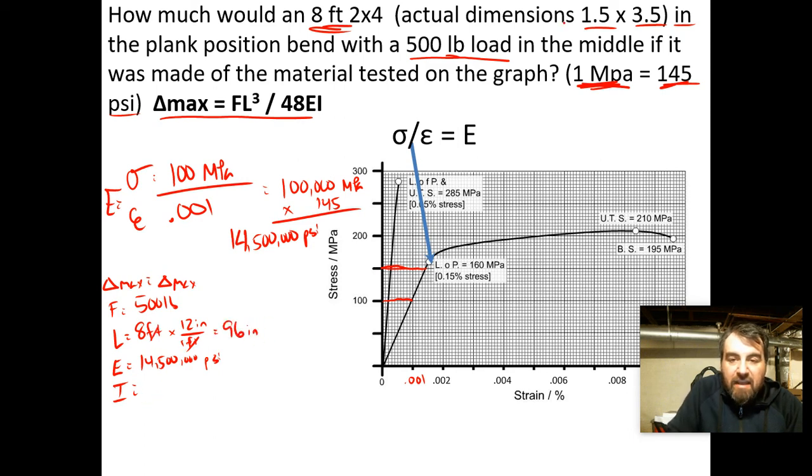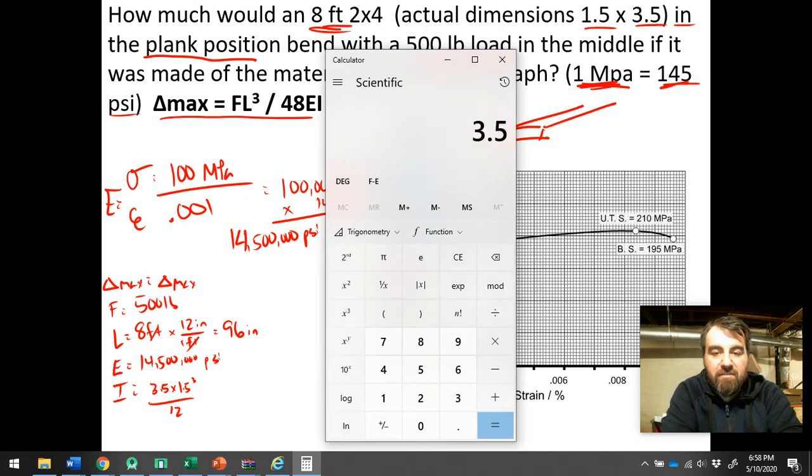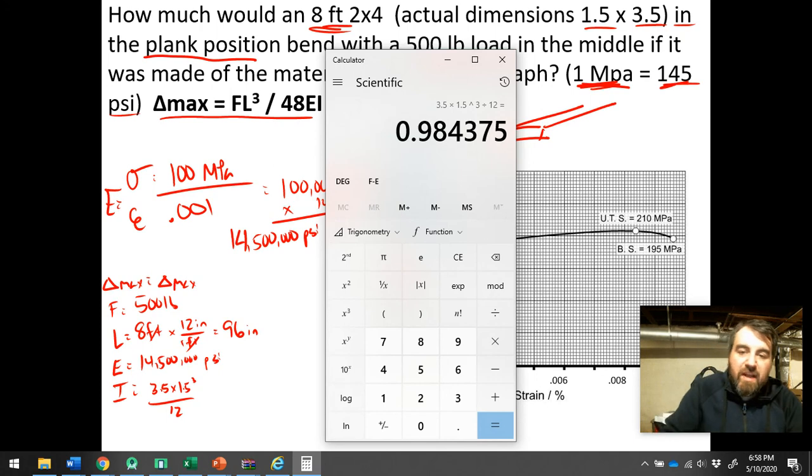And then I, it is in the plank position. So remember, plank position means that the height is the small number and the base is the big number. So that's 3.5 times 1.5 to the third over 12. So I'll put that in the calculator. 3.5 times 1.5 to the third divided by 12. It gives us 0.98.